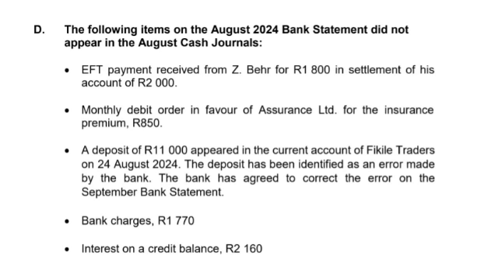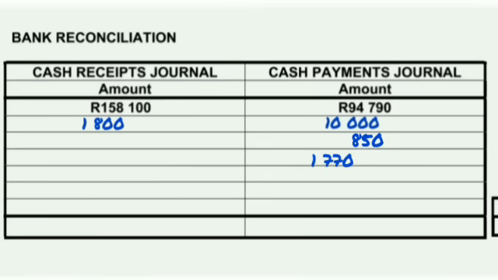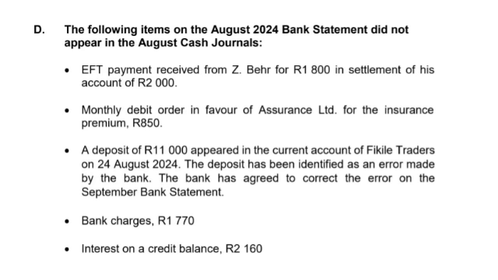We see that we have bank charges of 1,770. Bank charges, we know they are a payment that I'm making to the bank, or the bank is deducting money from me. So that's going to be the cash payment journal. Same thing if it was called service fees. Sometimes they call it service fees. A fee is a fee, you pay it, so make sure that you put it in the CPJ.